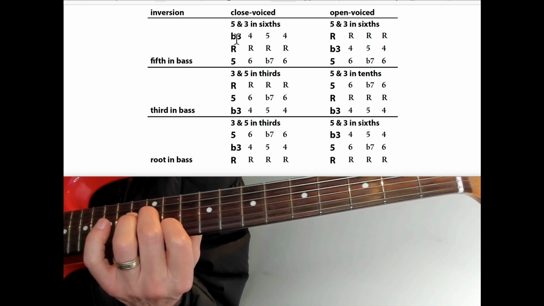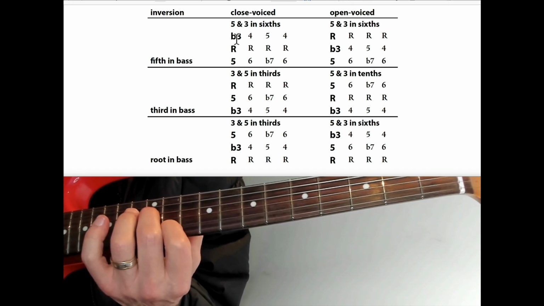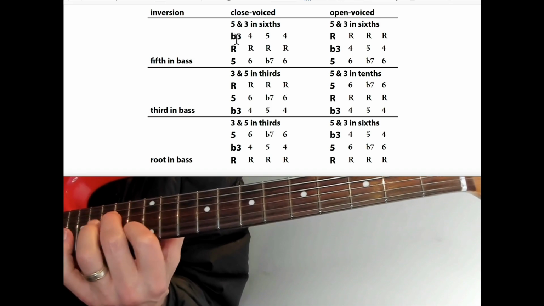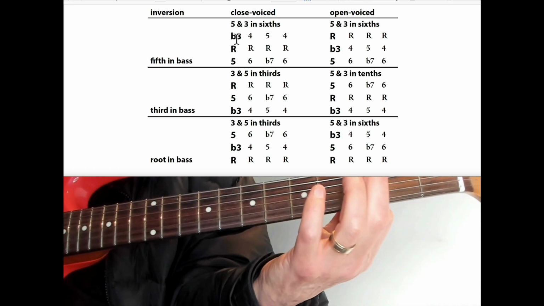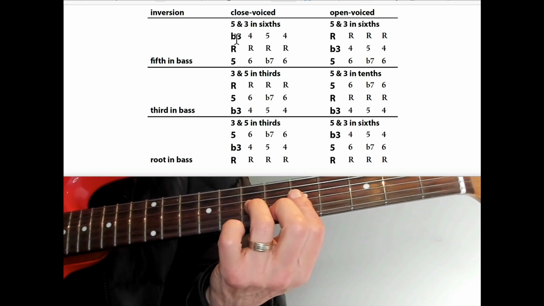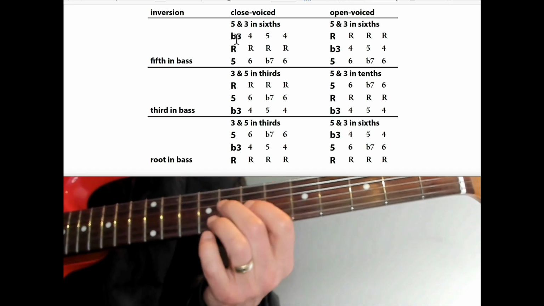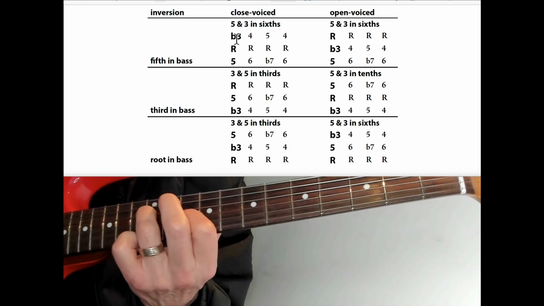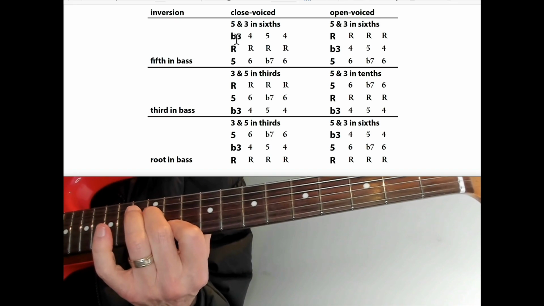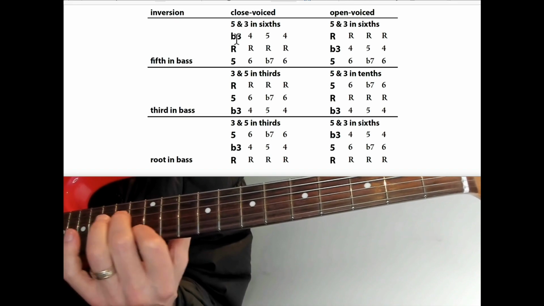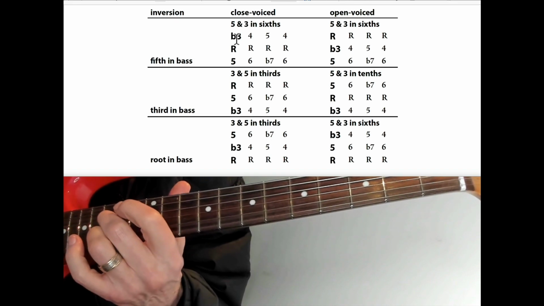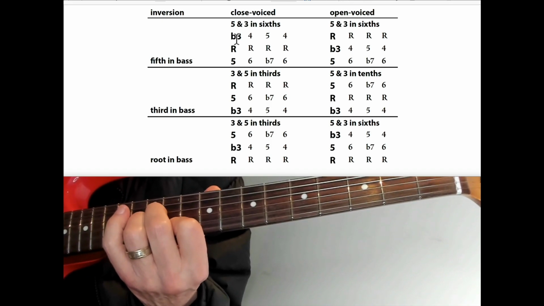So it's still the interval quality is retaining, then changing. Like down here it was retain, change. Here it was retain, change. And here again, the interval of the moving notes is retain, change. And this time with the sixth.